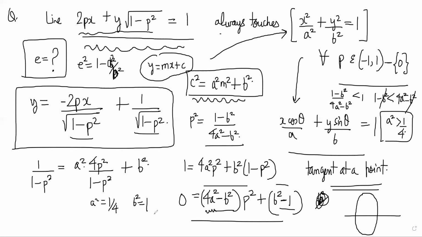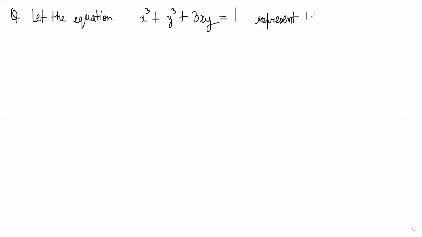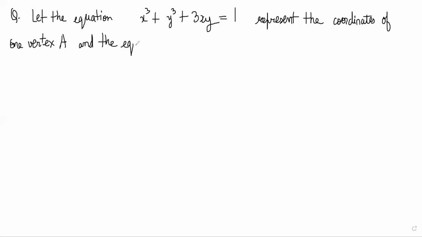Then this question, slightly tricky question. It says, let the equation x cube plus y cube plus 3xy is equal to 1 represent the coordinates of one vertex A and the equation of the side BC of triangle ABC.